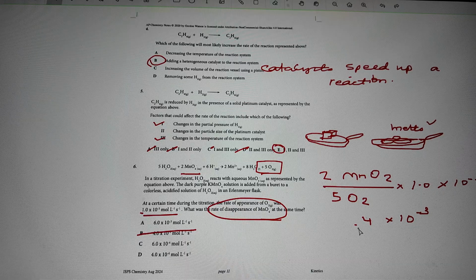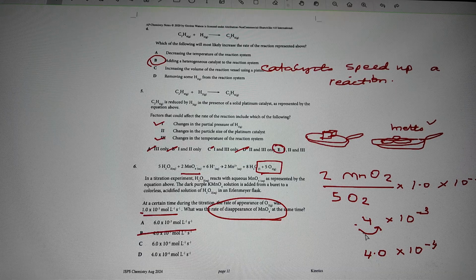And then what we're going to do is make this number bigger by moving the decimal place one more step. So that's 0.4.0. And then we're going to make this a little bit smaller, so times 10 to the negative fourth.